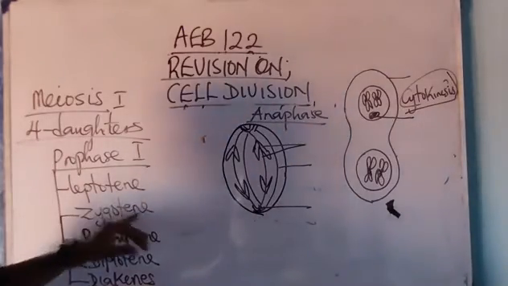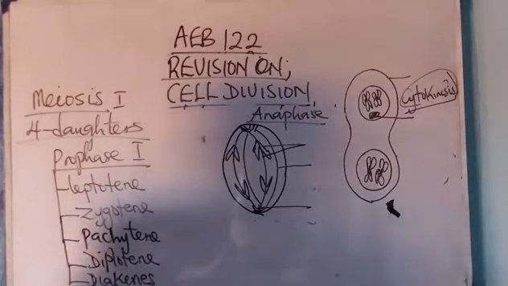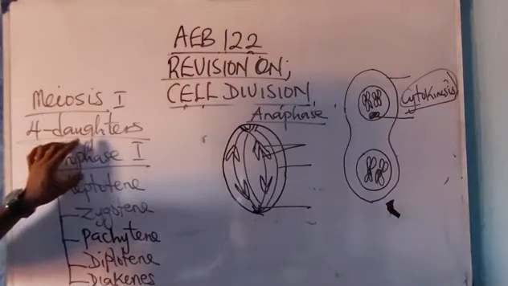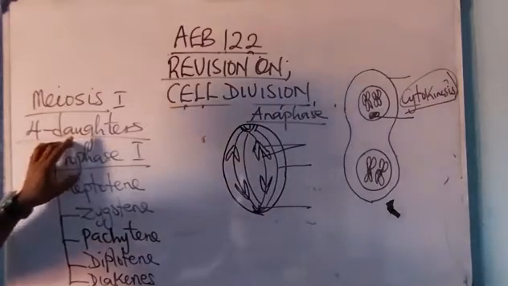They'll give you leptotene, zygotene, pachytene, diplotene, and whatever. These 5 phases are under prophase 1, and it is the most important phase.